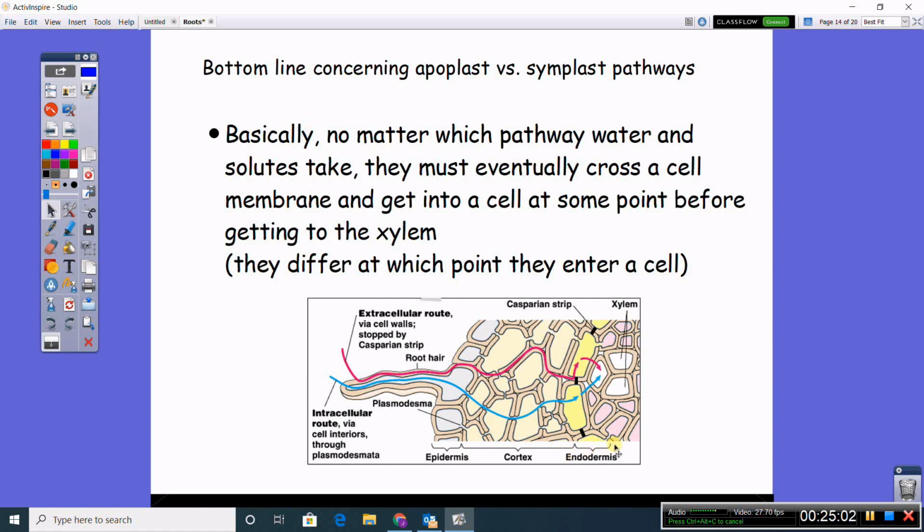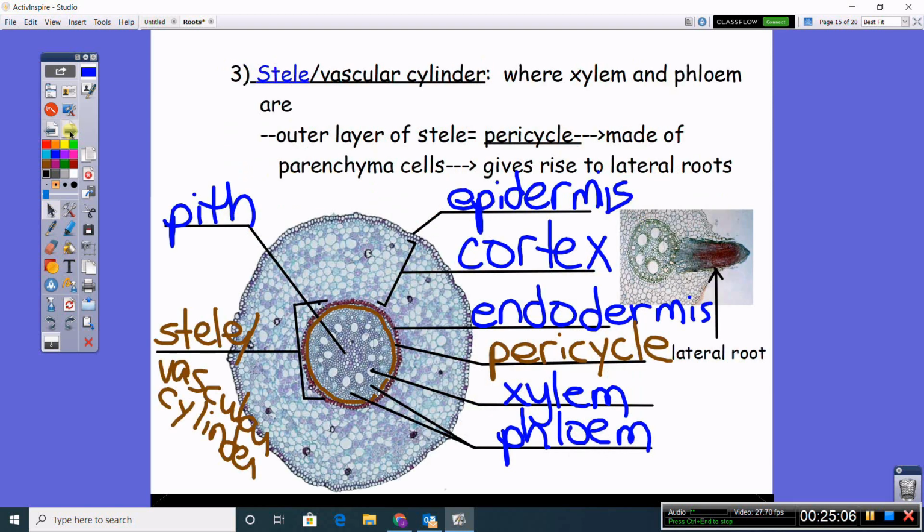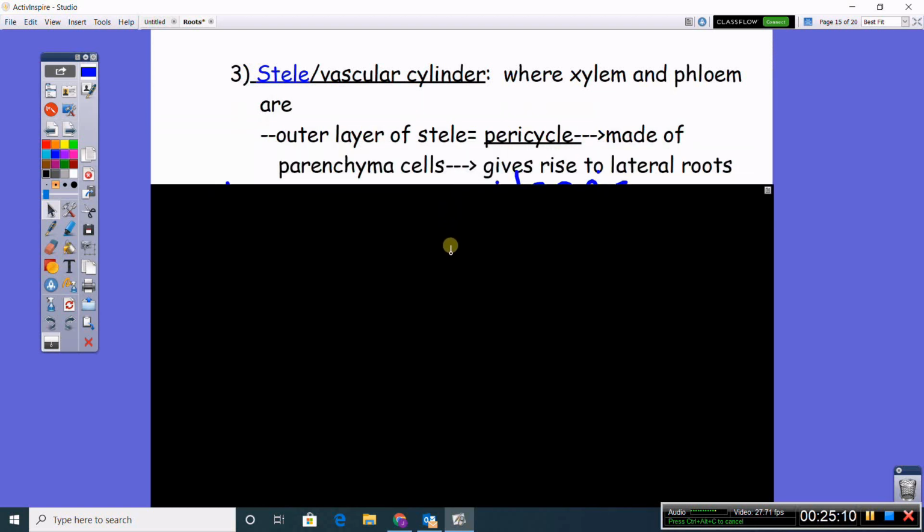So that's the point that we're at, but we need to go further inward than that. Okay, so before you start filling in your picture, let's fill in here. All right, then we're going to get to the stele, which is also called the vascular cylinder. So in the plant unit, when you see that term vascular, you want to think xylem and phloem.